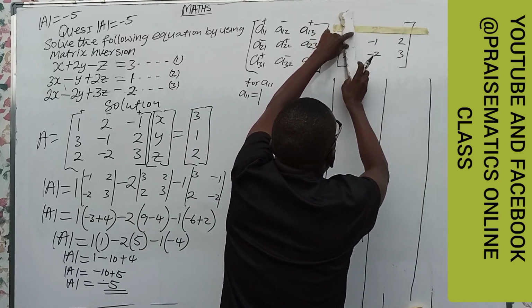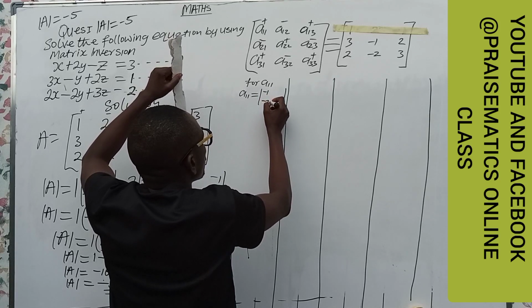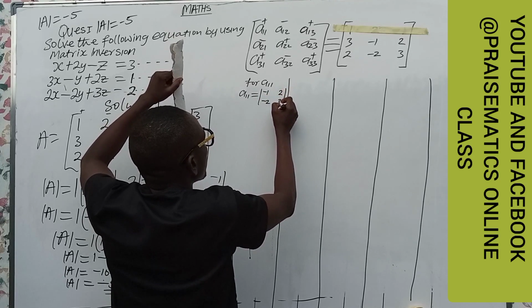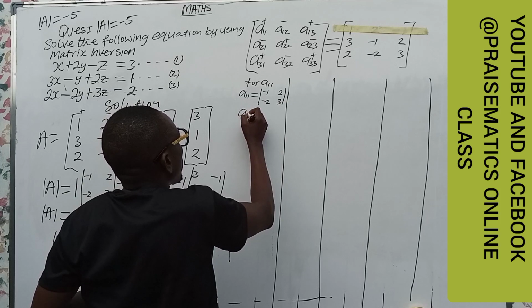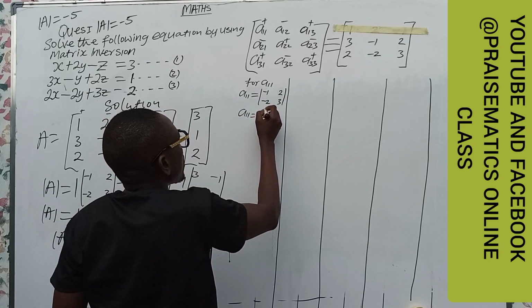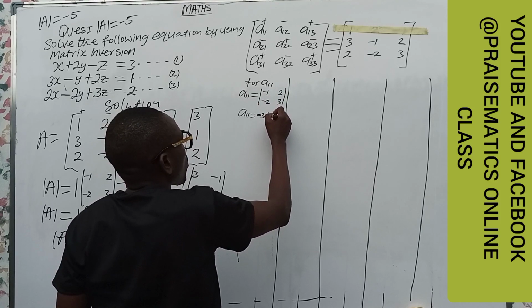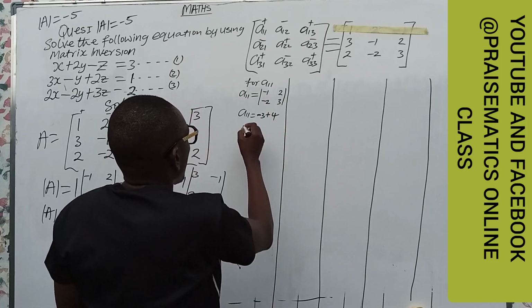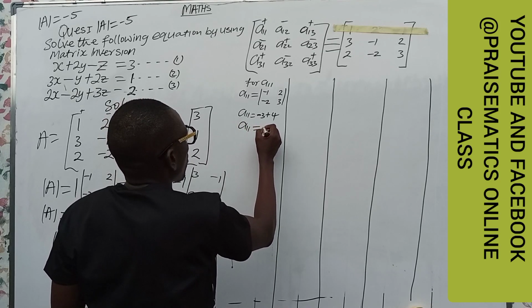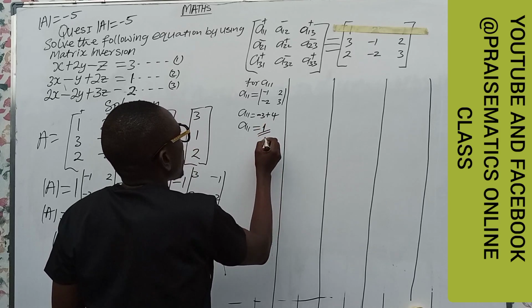We have minus 1, minus 2, 2, 3. So our A11 is equal to this times this, which is minus 3, minus this times this, which will turn to plus 4. Now our A11 is equal to 1. And that is it.